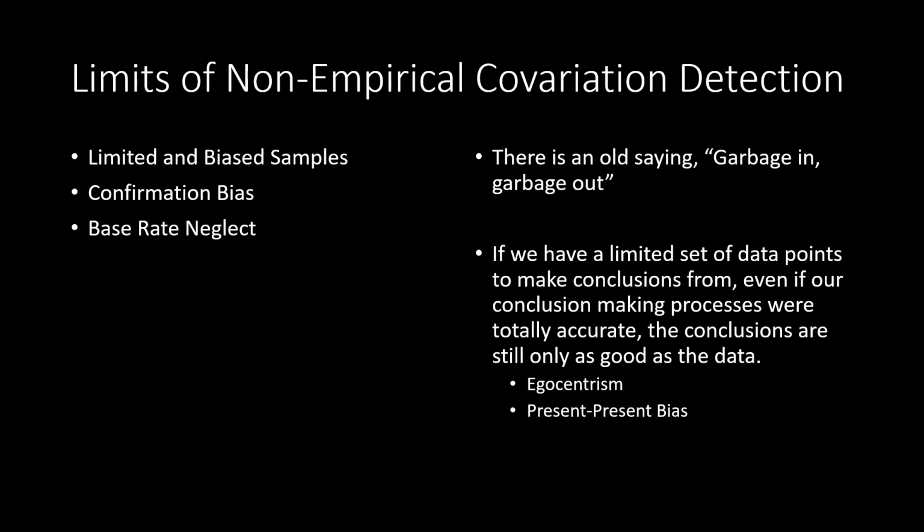When it comes to detecting covariation, humans oftentimes don't look at all the possible situations where something could be occurring. For example, if I think to myself, chicken noodle soup is a great way to help me get over the flu, and every time I have the flu, I make some chicken noodle soup and eat it, and then in a couple of days I feel better, I say that me eating chicken noodle soup is related to my getting better, and I think eating chicken noodle soup makes me get better. Now, sure, that might be true, but ultimately one cannot make the overarching claim that chicken noodle soup makes people better from the flu because we don't know the general range of experiences.